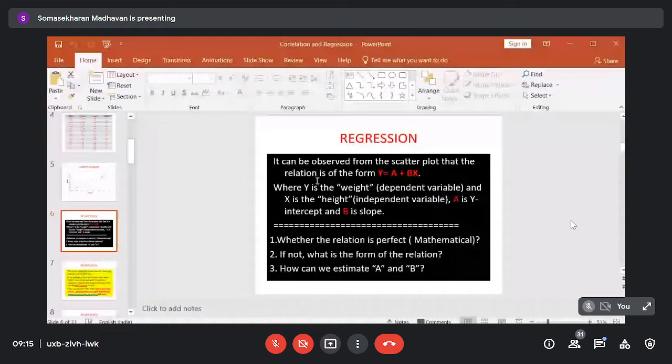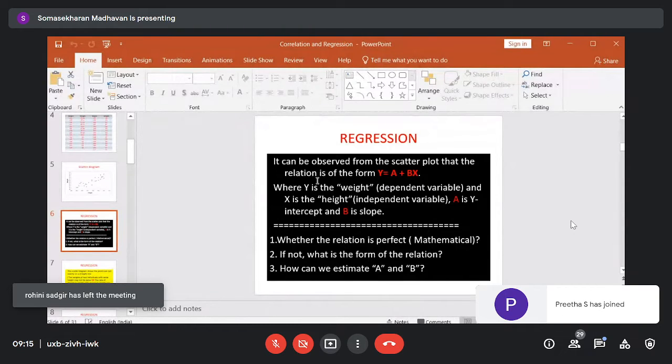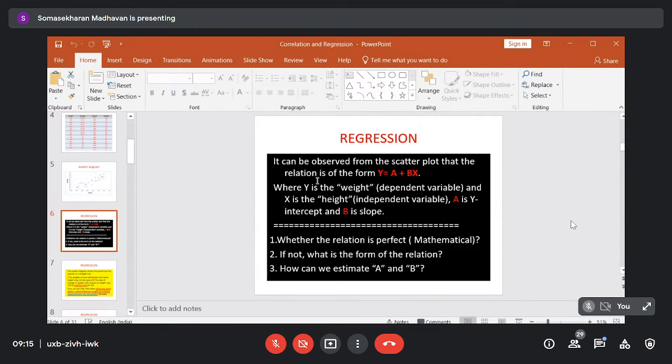Now there is a question: why did I choose weight as the dependent variable and height as the independent variable? How do we choose a variable as a dependent variable or independent variable? If you take natural relationships, there may be a bidirectional relationship or a unidirectional relationship.